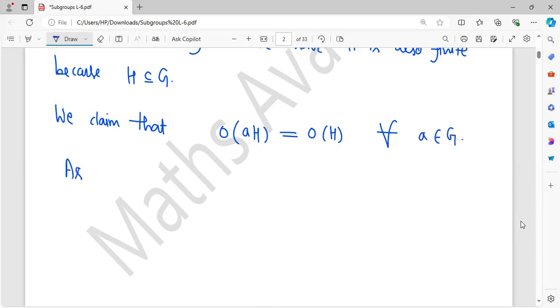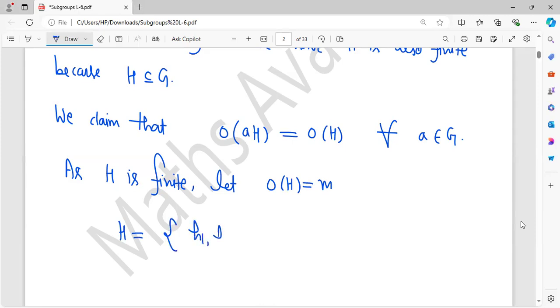H is finite. Let the order of H be m. So H will be h1, h2, up to hm.